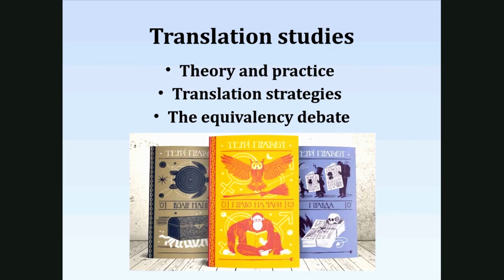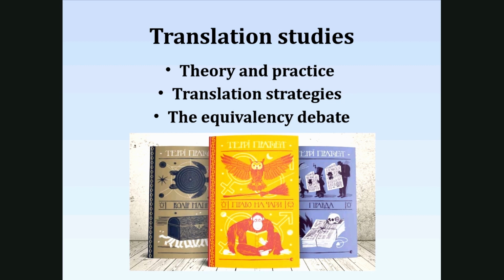So I'll move on to translation now. For 2 years now, I've been teaching a course on theory and practice of translation. Of course, this presupposes discussing theoretical points such as, for example, equivalency, what it is, how it can be achieved from different standpoints, and discussing a number of translation strategies that can be applied.